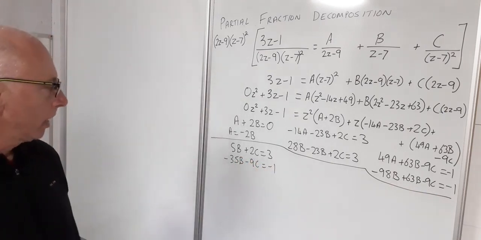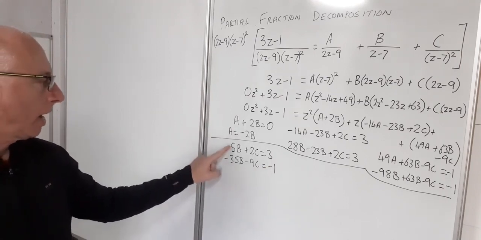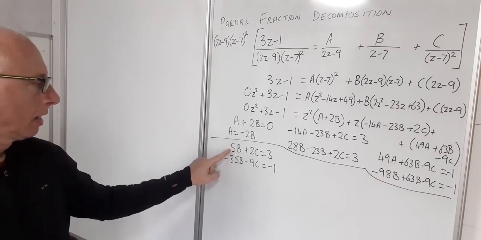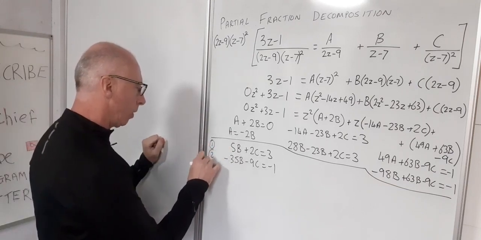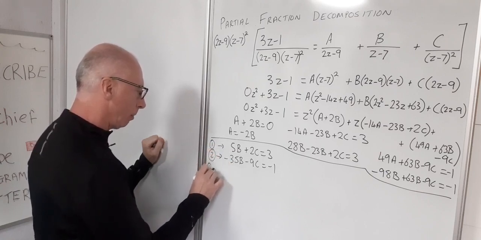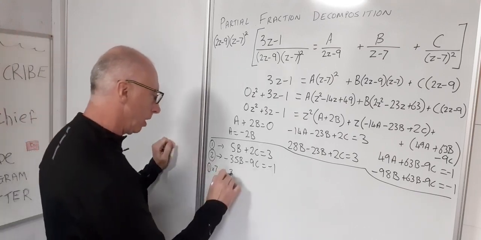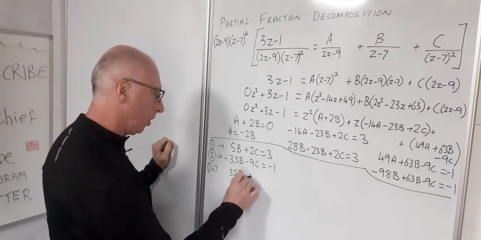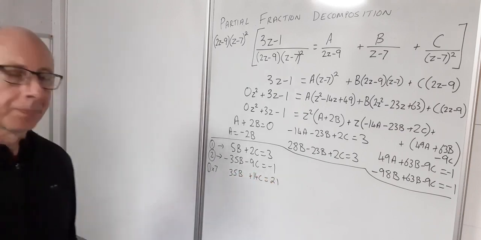Okay, right. Well, if I multiply this by 7, I'll get a 35 for my b. So that'd be something I can work with. So that'd be equation 1, that'd be equation 2. So equation 1 times 7. So I'll now have 35b plus 14c equals 21.